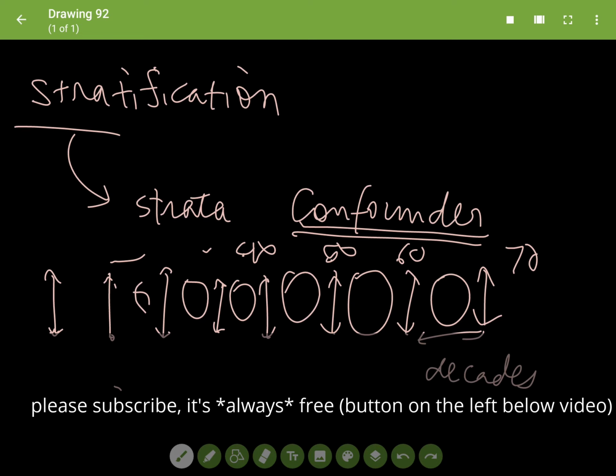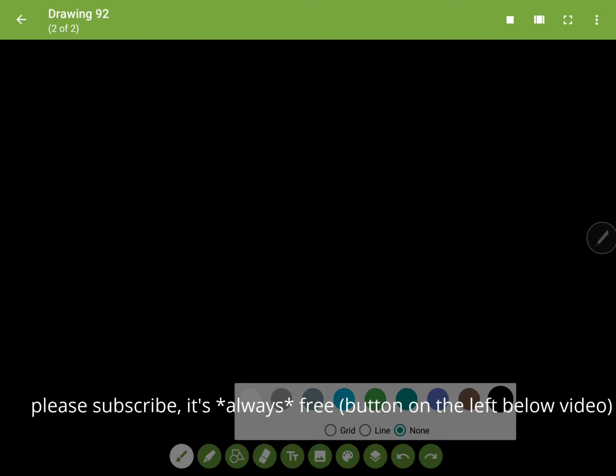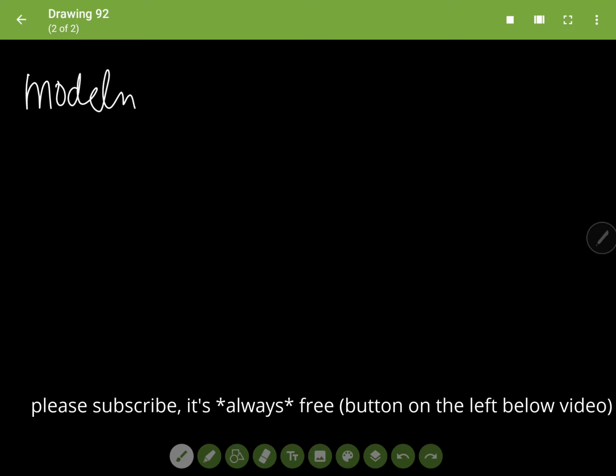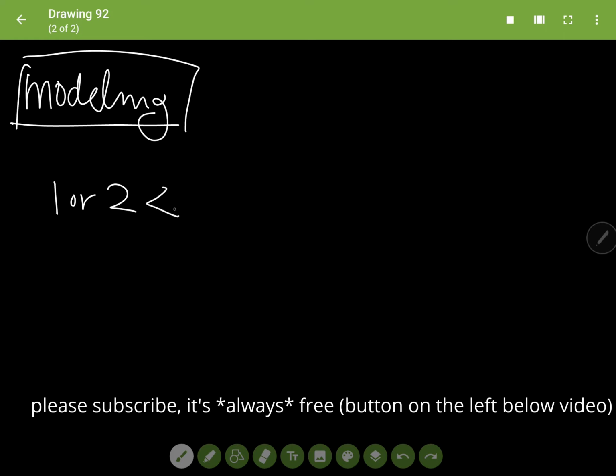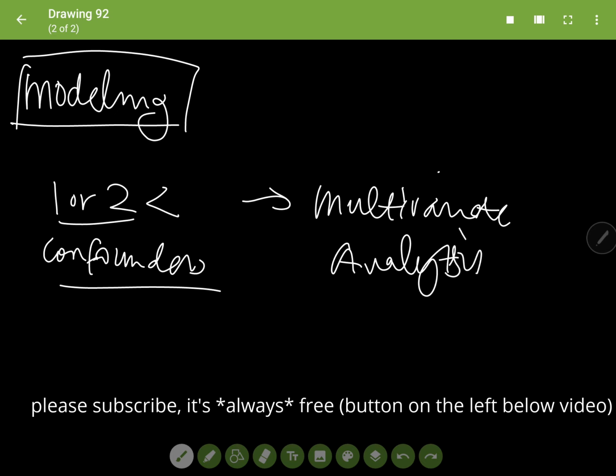And we're going to talk now about modeling. So modeling is what you would use if you have more than one or two confounders. So if you have more than one or two confounders, you'll go to a multivariate analysis, which would allow you to look at multiple, 3 or 4 or more confounders.